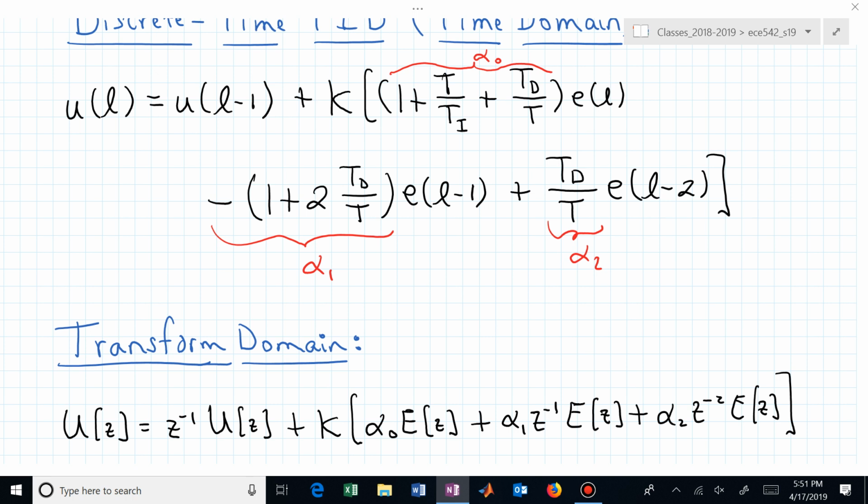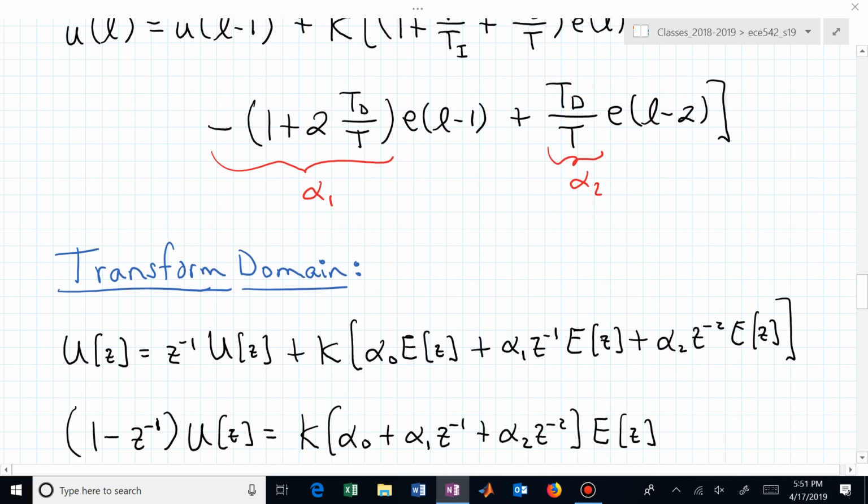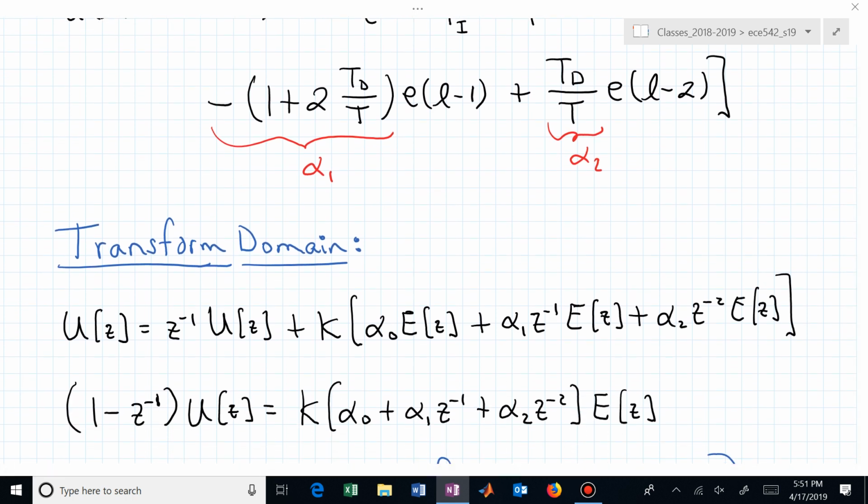Anyway, we now are in the transform domain or the frequency domain, and we really are trying to find a more convenient structure with which to think about a PID controller in the discrete time setting.